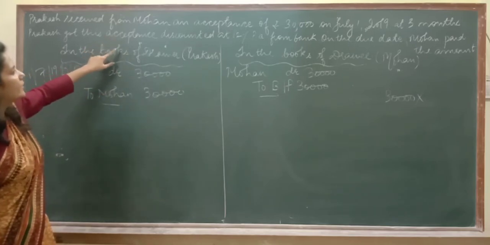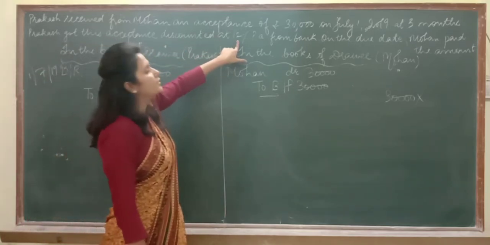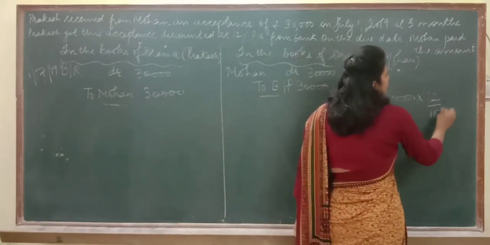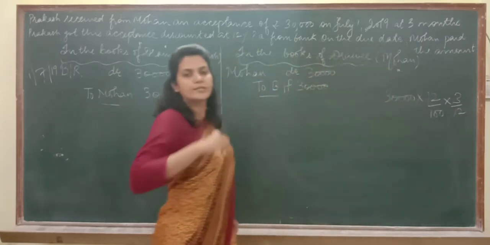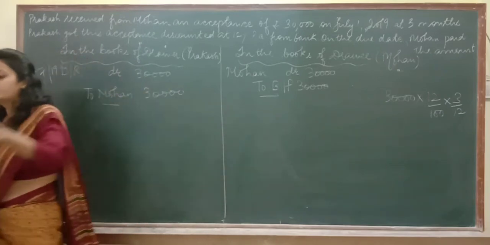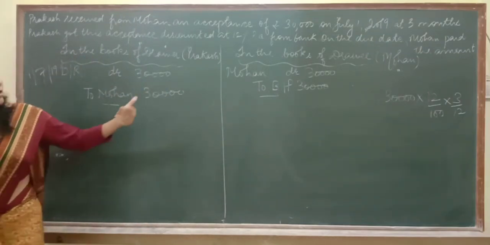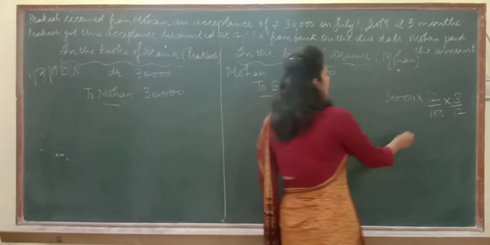But he has taken money from the bank 3 months before. It means the bank is going to deduct discount at the rate of 12% per annum for 3 months. Because Prakash has taken payment 3 months early, the bank will deduct some discount charges for 3 months. As you can see on the board, it is 30,000 into 12 upon 100 into 3 by 12, which is equal to 900 rupees.